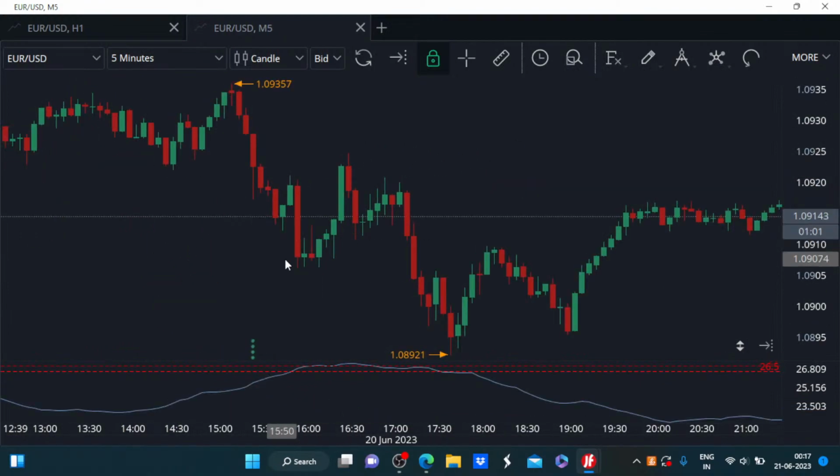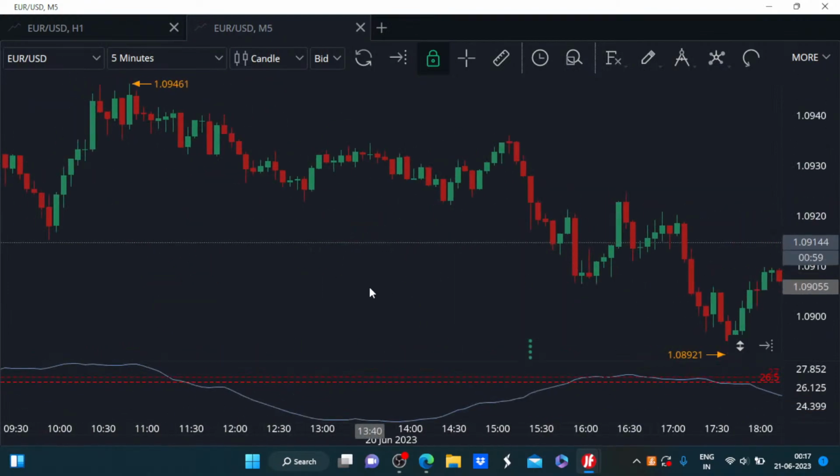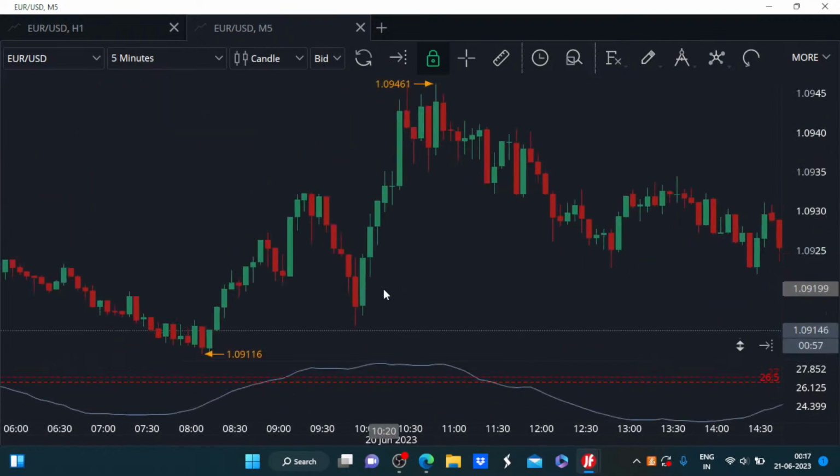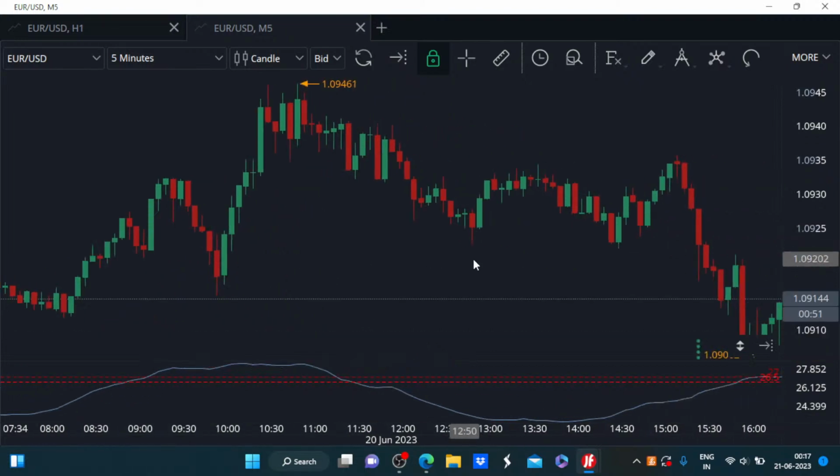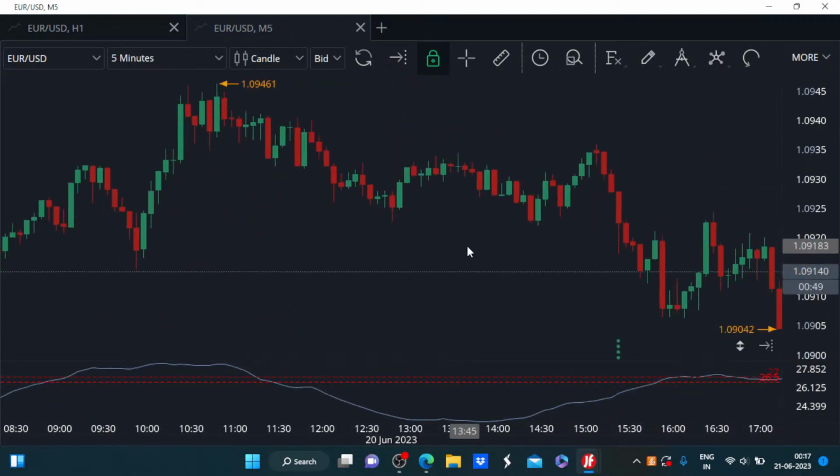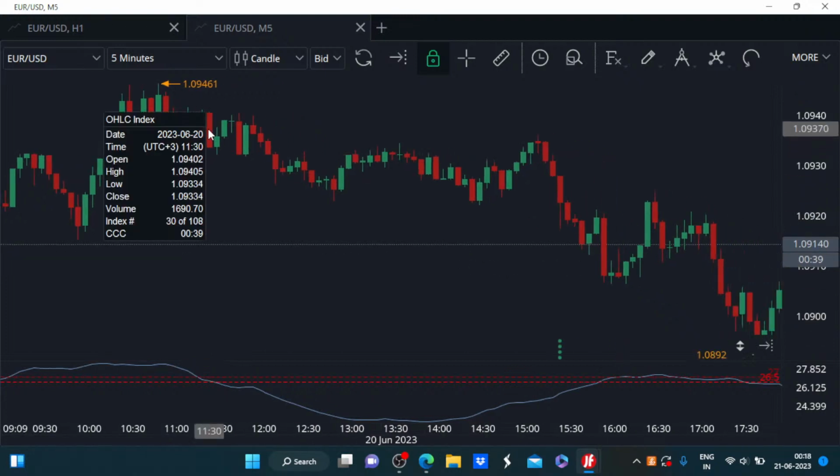So here also we saw the output for the underlying instrument rising above 27, and in due course of time it dropped below 27, and we saw this change of direction for the Euro USD, the underlying instrument, earlier in the day.